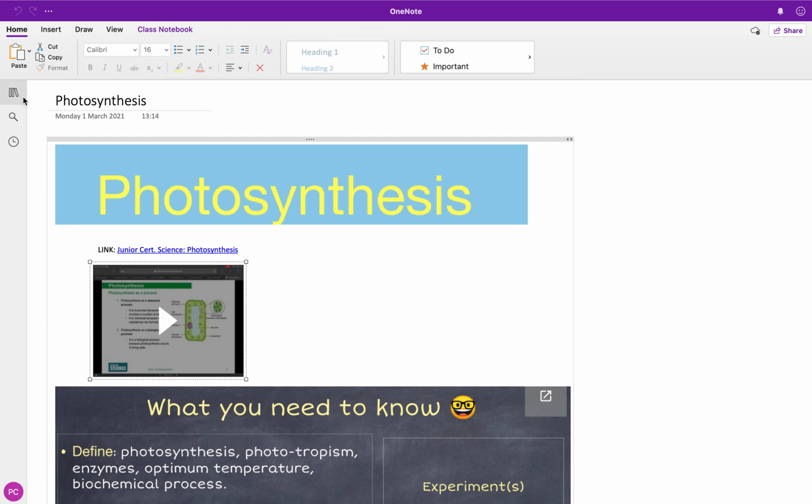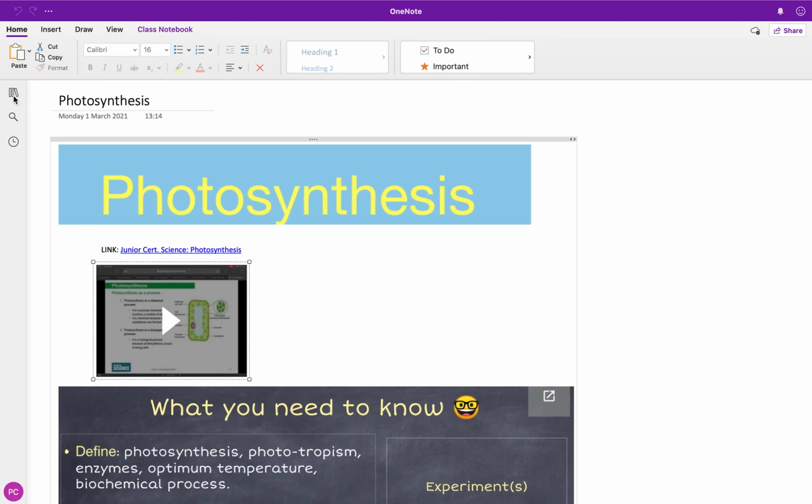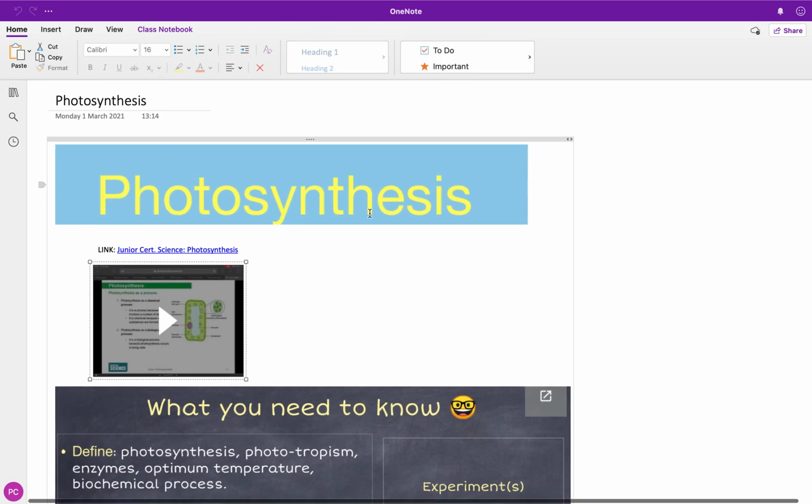Cell something. Usually cell metabolism in Leaving Cert, but in Junior Cert, cell processes. Basically how cells act, what they take in, what they give out, how they respire, and so on. We don't actually go into what respiration or photosynthesis is, but we do look at them in some amount of detail.